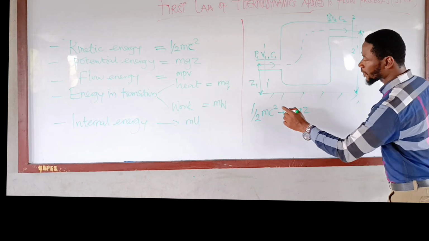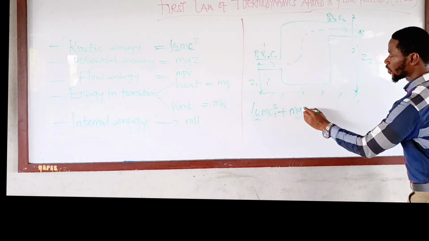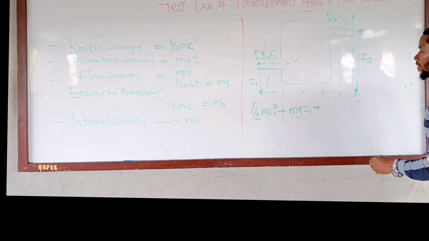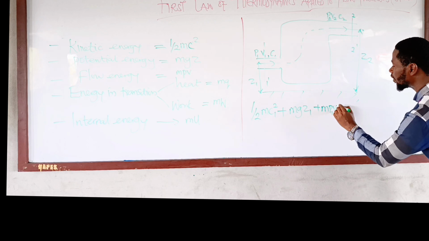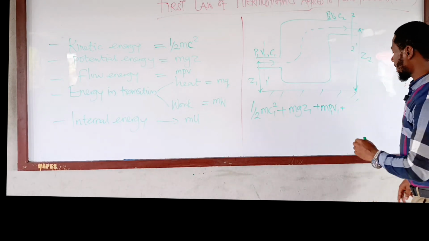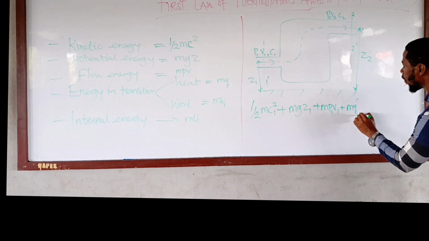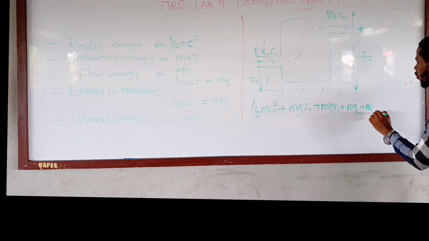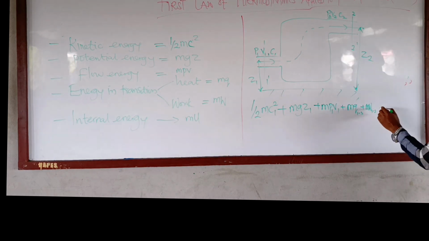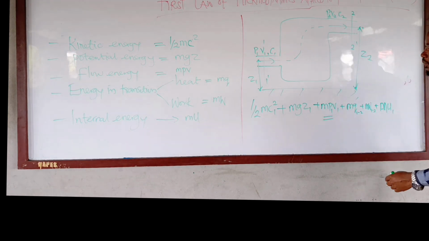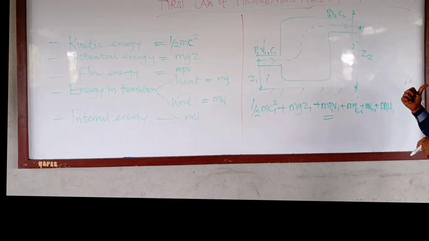Therefore, we have half mc1 square plus mgz1 plus the flow energy mp1v1, plus mq1 to 2, plus mw1 to 2, plus the internal energy mu1, equal to the exit state.